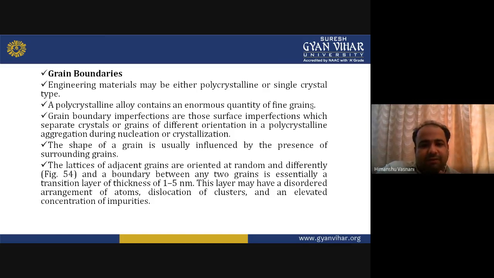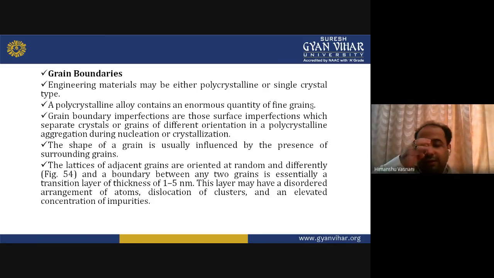And what happens? The lattices of the adjacent grains already have a boundary between any two grains, which is essentially a transition layer of a certain thickness. This layer may have a disordered arrangement of atoms and dislocation of clusters or an elevated concentration of impurities.